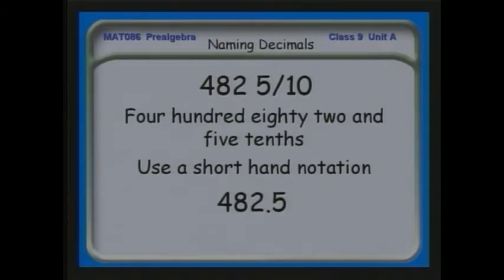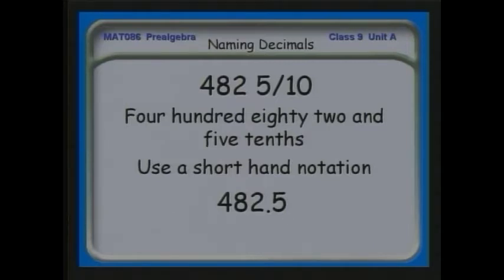It's represented as 482.5, where the point, called the decimal point, separates numbers on the left that are greater than 1, numbers on the right less than 1. When you see the 0.5, you know the number immediately to the right is going to be less than 1, and in fact it's going to be represented as so many tenths.